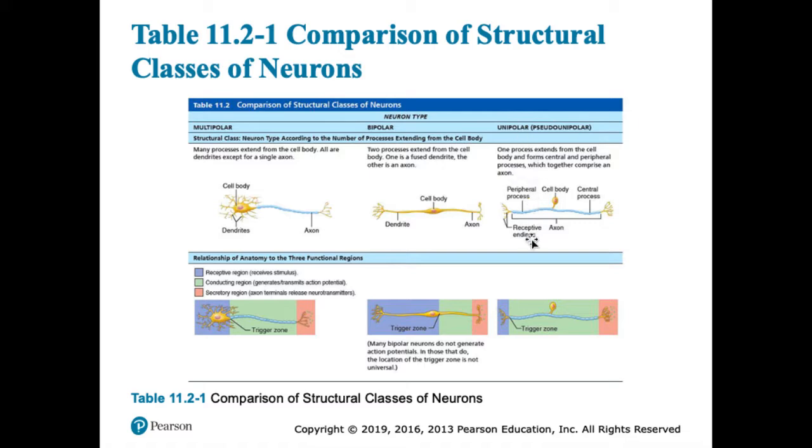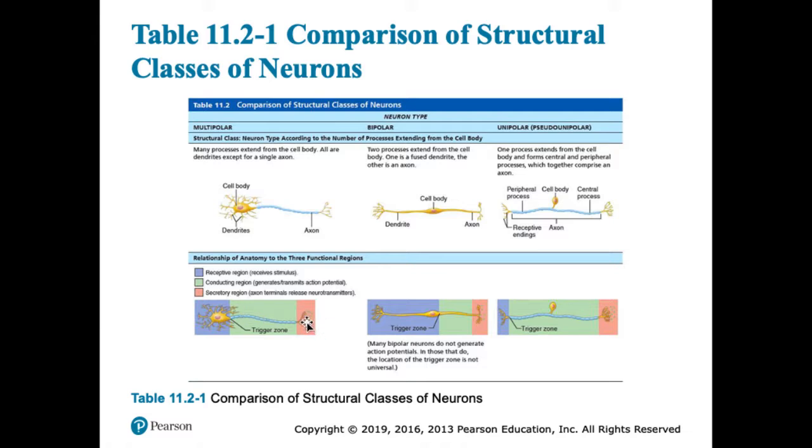And then we have unipolar. These are quite interesting because you have this little cell body, but basically you have an axon extending with a central process and a peripheral process there. And those are pretty interesting because they have receptive endings on both ends. So you can see what they look like. This is the receptive region, which receives the stimulus, in purple. And then the trigger zone or conducting region, basically in green.